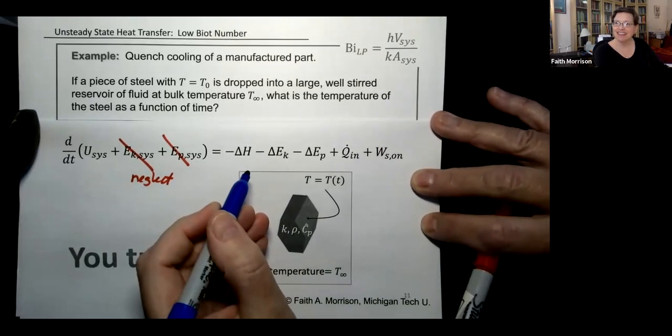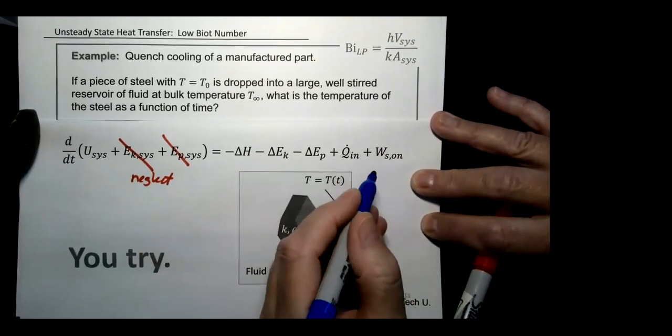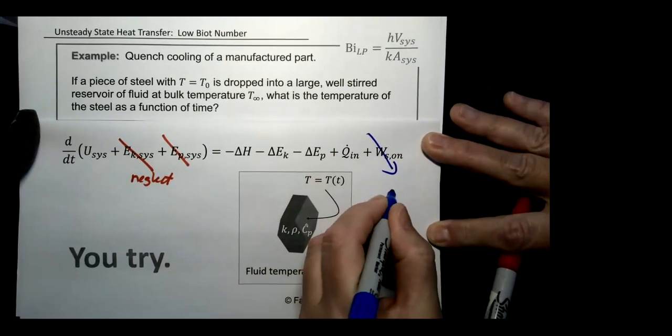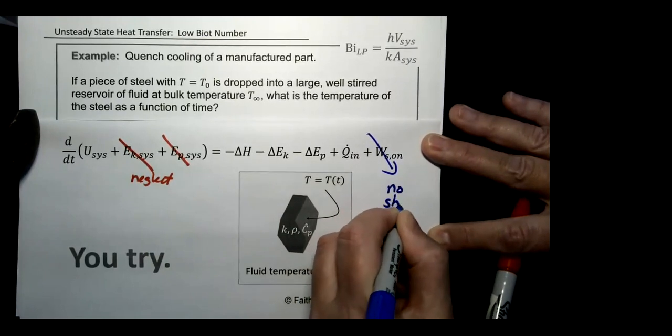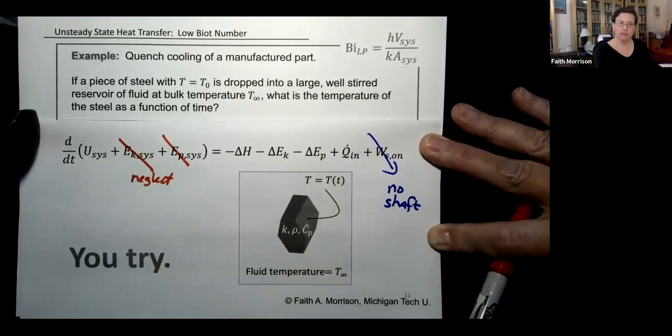We can also get rid of work shaft. Yeah, what's the reason? Because there's no electricity or chemical reactions or anything. Well, it's not so much the electricity. It's that there's no shaft. No shaft work.